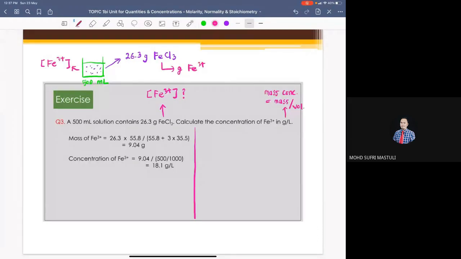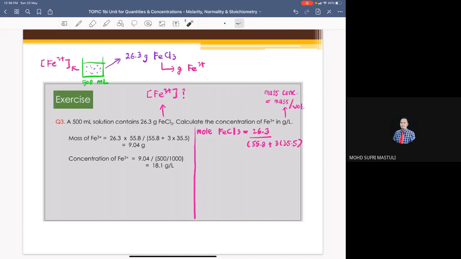So we have to calculate the mole of FeCl3. It's a mass of 23 gram over the molar mass of FeCl3, which is 55.8 plus 3 times 35.5.